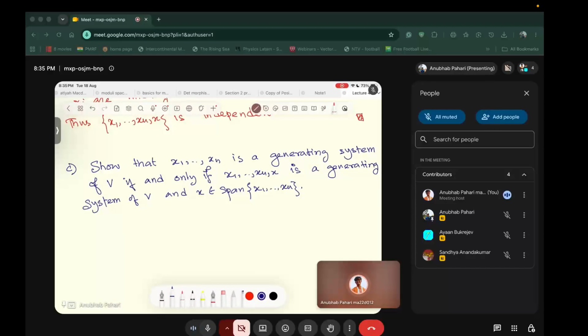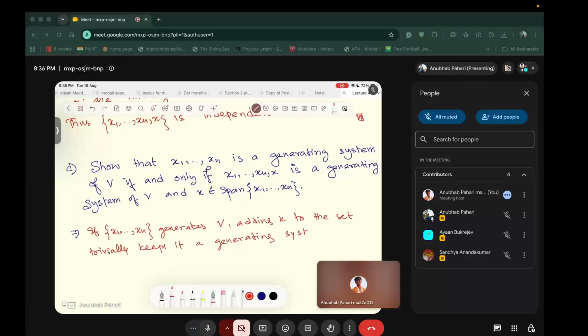Okay, so let us start solving this. So if x1 up to xn generates V, adding x to the set trivially keeps it a generating system, right? There is nothing to think about it here.